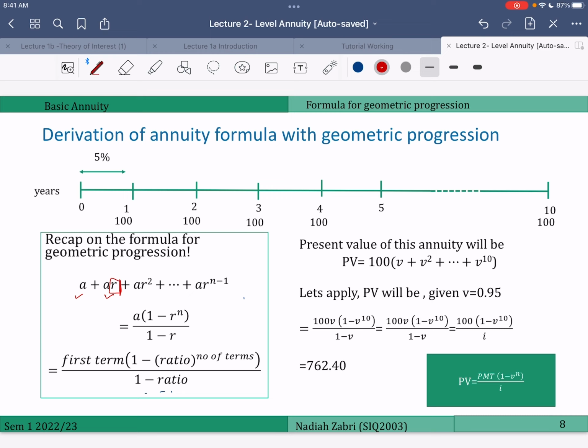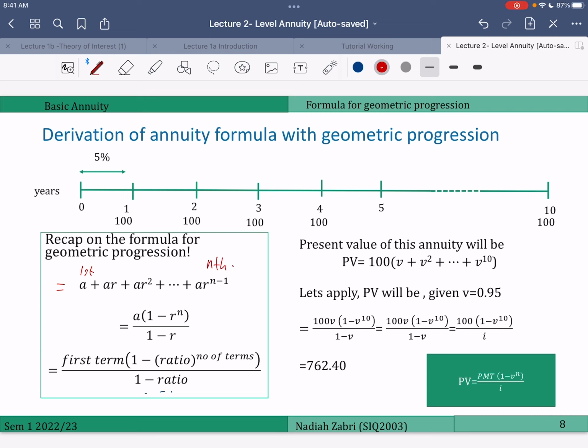So the next term will be previous term times a common term, r. For this one, the previous term times common term, r. So on and so forth. Okay, so that is geometric progression. So how do we sum up all of this for n number of terms? So there are n terms here. This is the first term, and then this is the nth term.